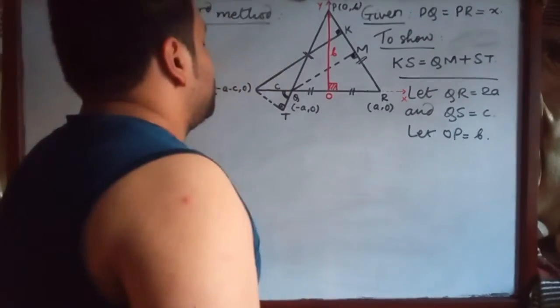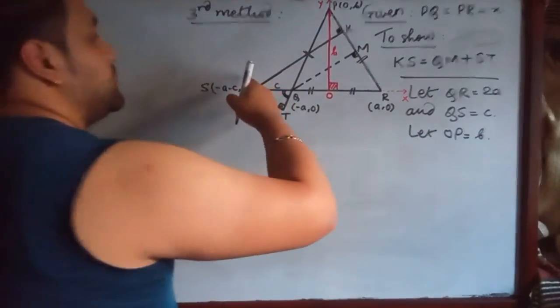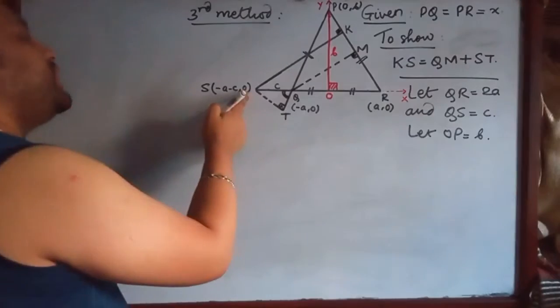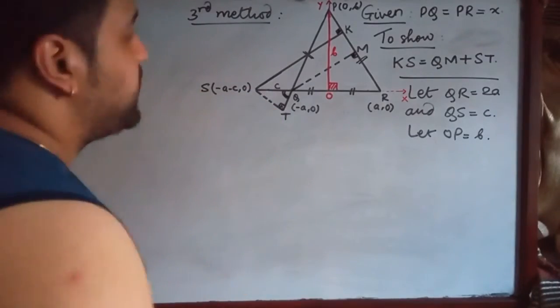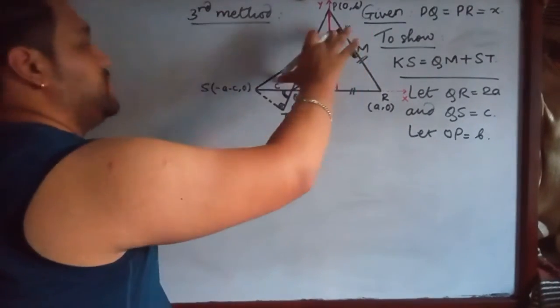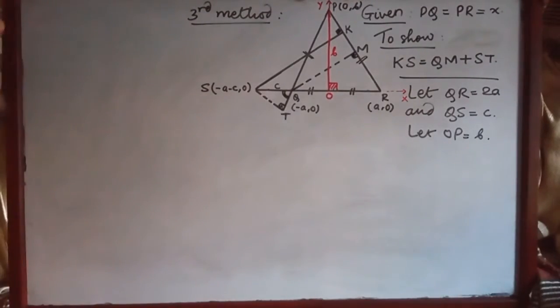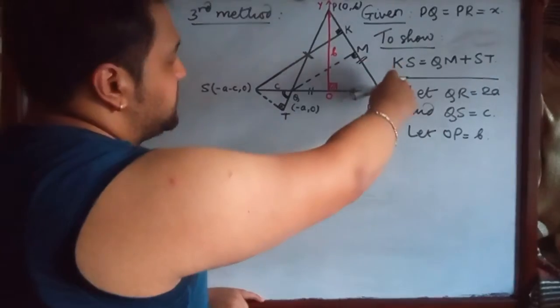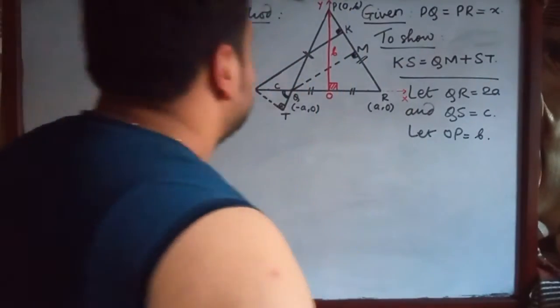Now we need to find this length, and this length, and show that this plus this is equal to this. For that we need the equation of this line and the equation of this line.